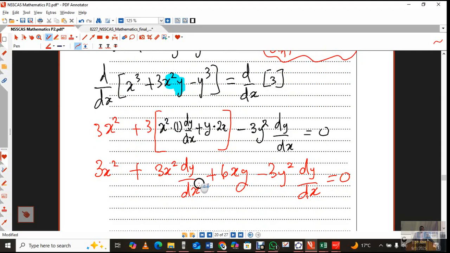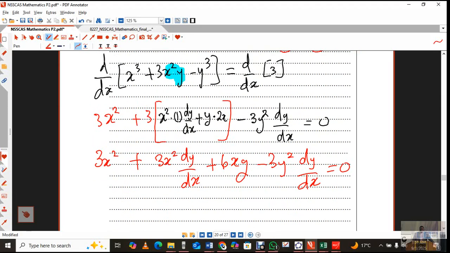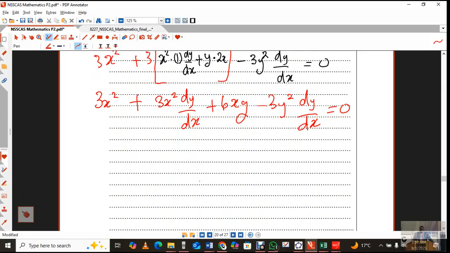Okay, so let's just have the terms in front of the dy dx. I like to write them in front. This is dy dx over here, and everything else goes to the other side. That's minus 3x squared, that 3x squared becomes negative, and minus 6xy.